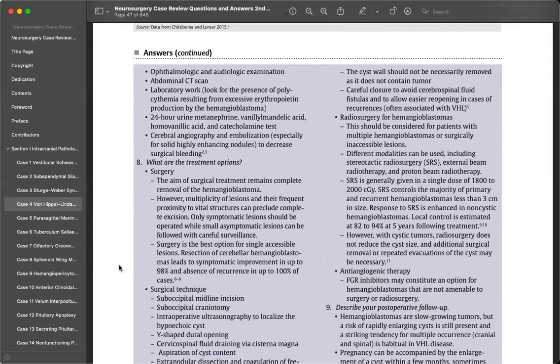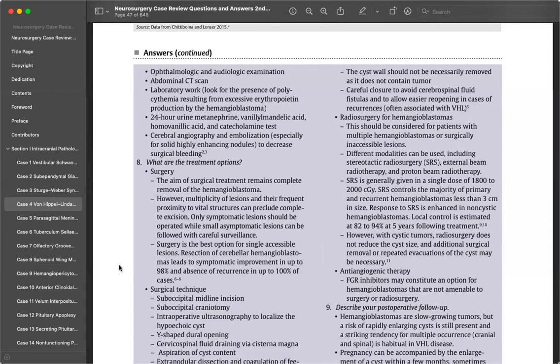Different modalities can be used, including SRS, EBRT, and proton beam radiotherapy. SRS is generally given in a single dose of 1,800 to 2,000 centigray, and SRS controls the majority of primary and recurrent hemangioblastomas less than 3 cm in size.